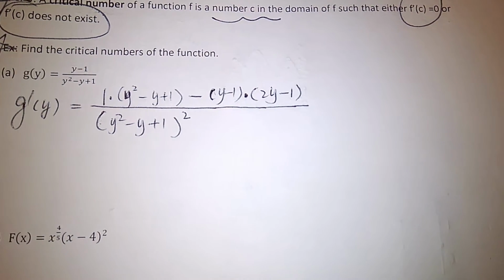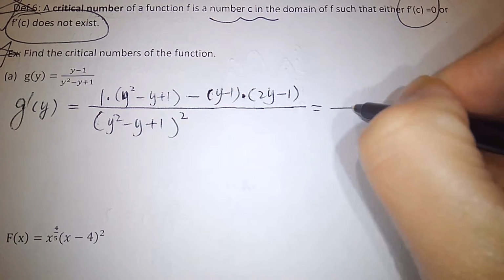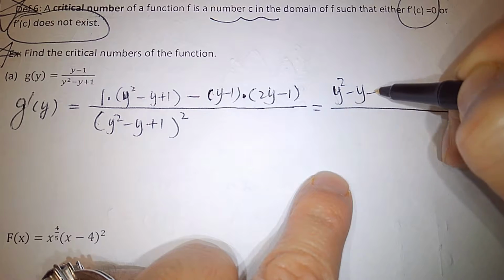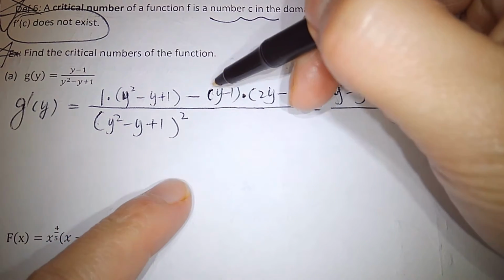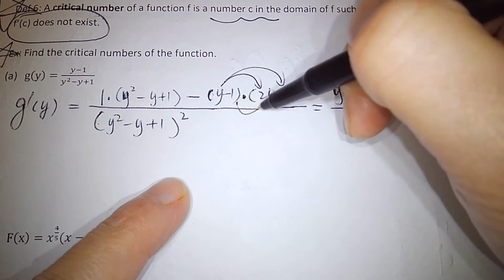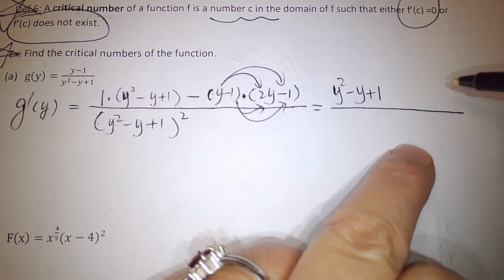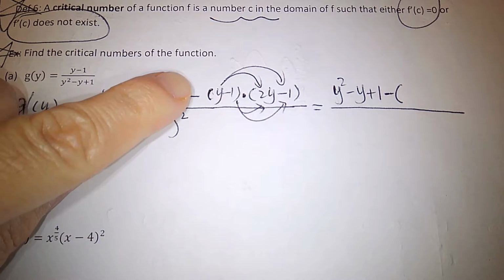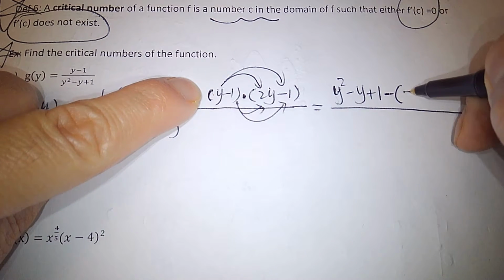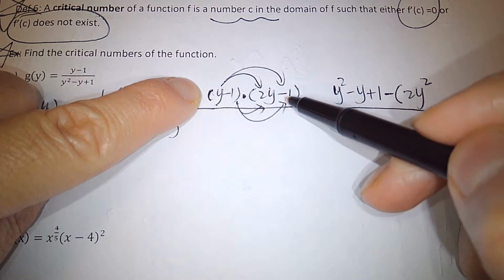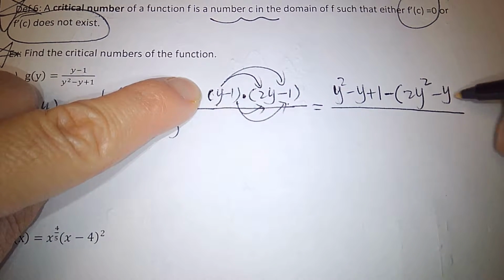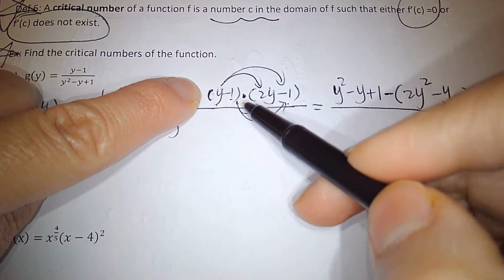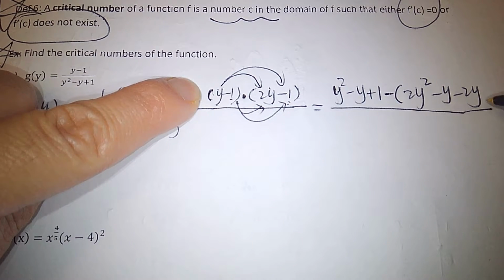Simplify. y squared minus y plus 1. There are no shortcuts for you, please. Minus y times 2y, y times negative 1, negative 1 times 2y, negative 1 times negative 1.